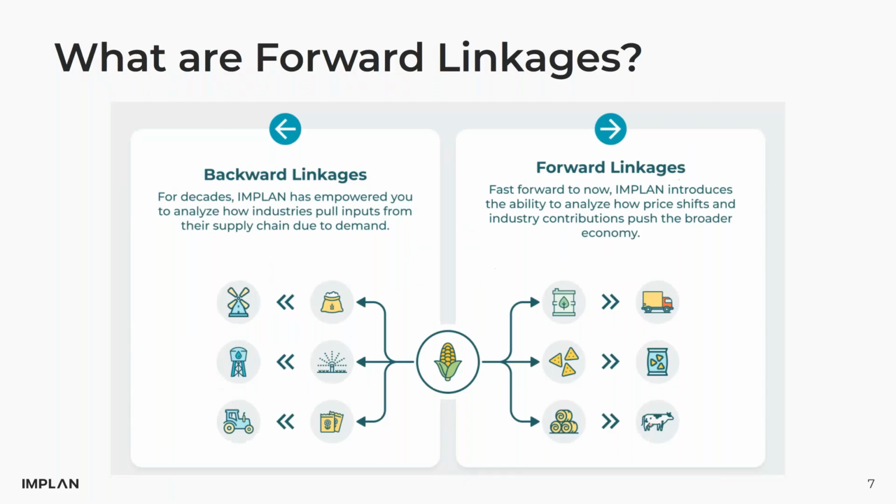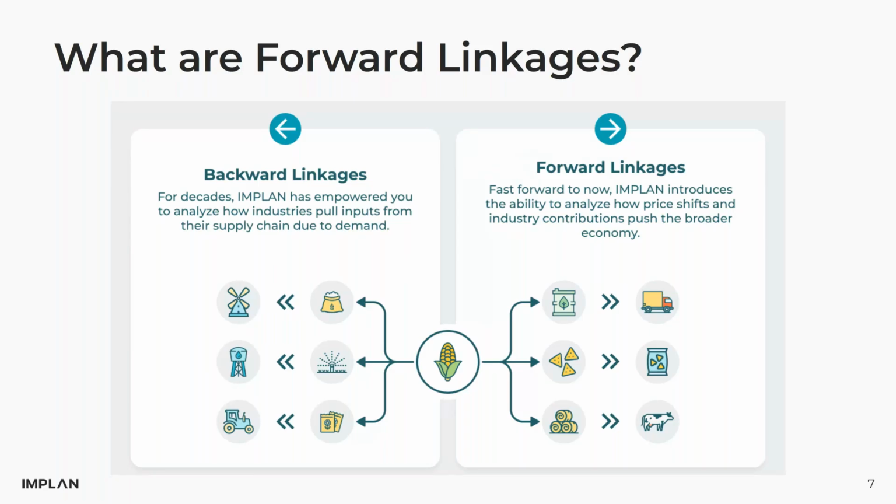When you run an analysis using forward-linked multipliers, the estimated economic effects reflect the downstream purchases of goods and services that are processed into different goods and services downstream. This is why forward-linked impacts are considered supply-driven. You can see here on the right that the corn in our example is going to be the starting point in both cases.